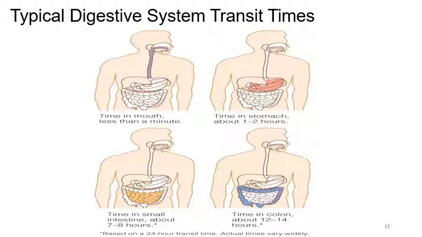Time in the small intestine is about 7 through 8 hours. Remember, the small intestine is about 10 feet long, so it takes time to go through it. The time in the colon is about 12 through 14 hours because it needs time to absorb, and then anything that's not used becomes feces.